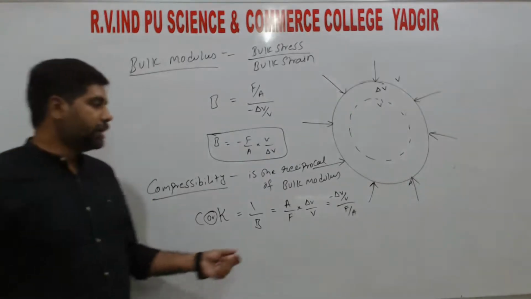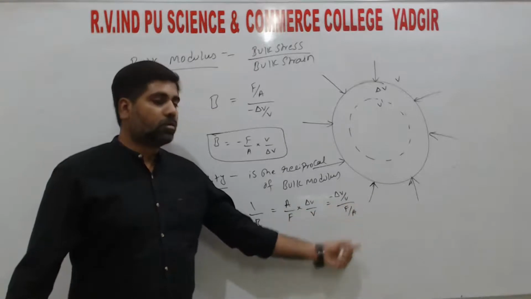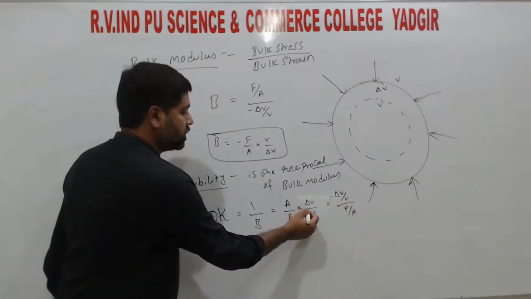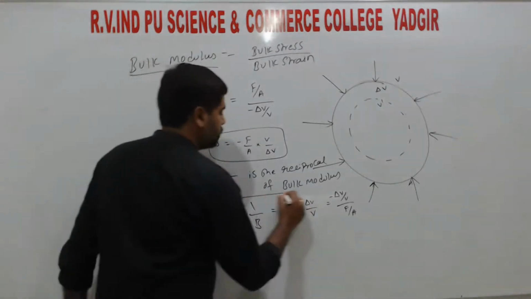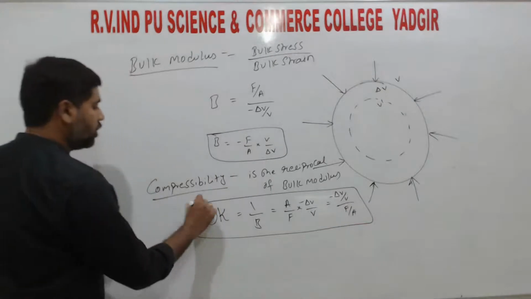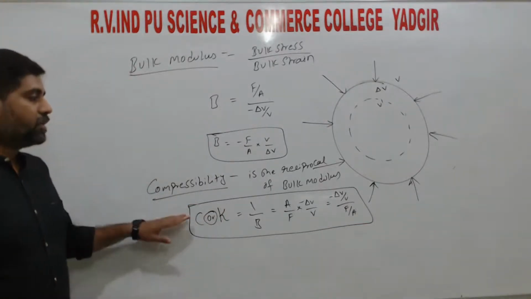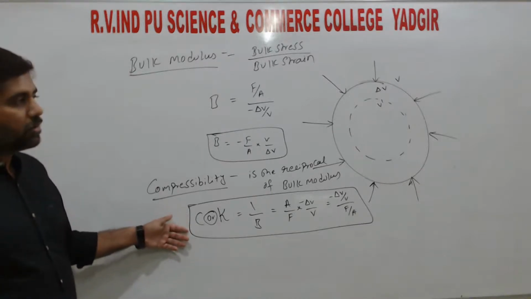So it is the decrease in volume to the total normal stress, that is bulk stress, with a minus. So this is the mathematical relation. So compressibility is the reciprocal of the bulk modulus, right? Why?